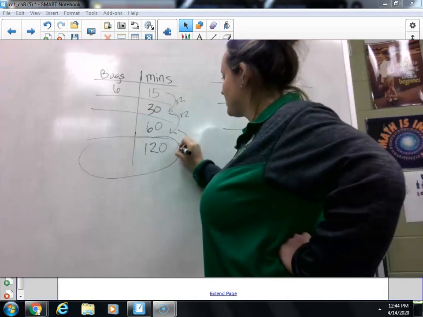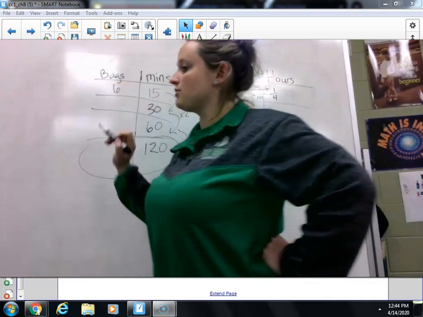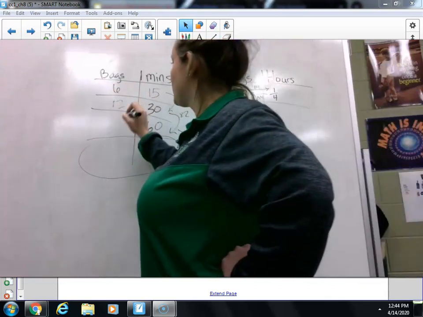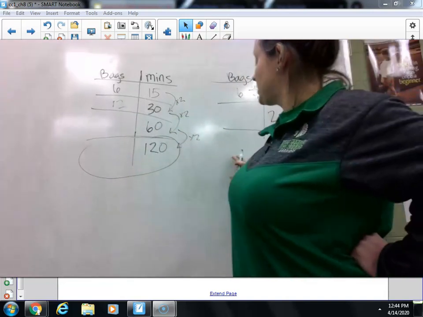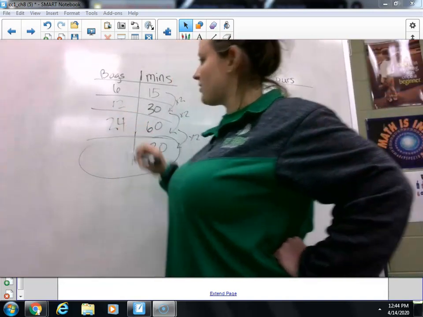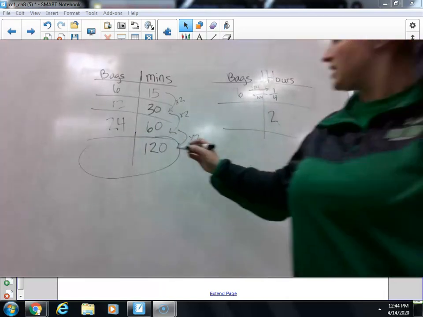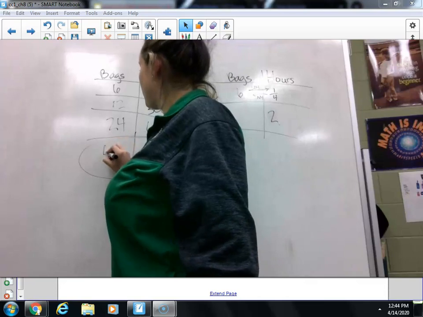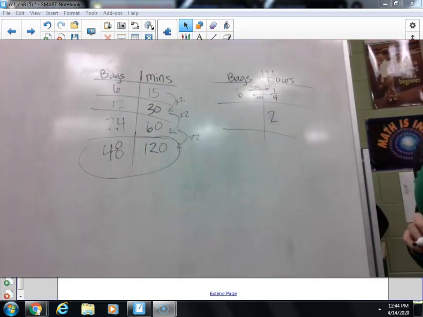How do you get from 60 to 120? You multiply it by 2. Then we went over here and did the same thing. 2 times 6 is 12. 12 times 2 is 24. 24 times 2 is 48. So you end up with 48 bags in 2 hours or 120 minutes.